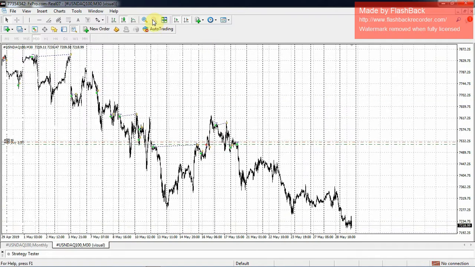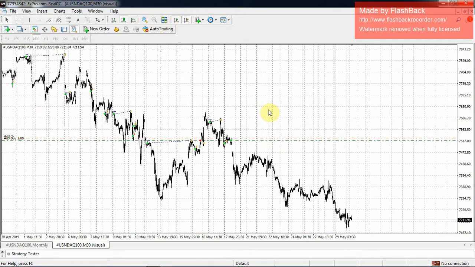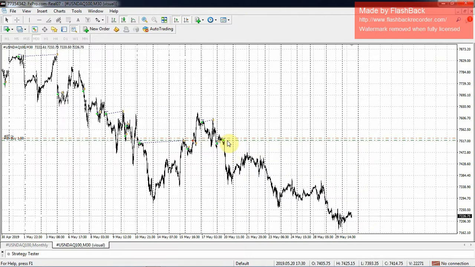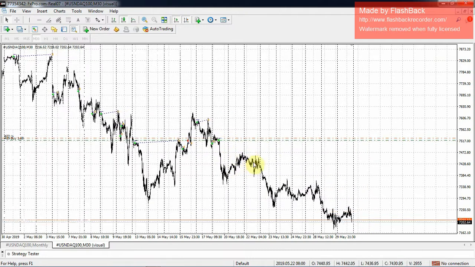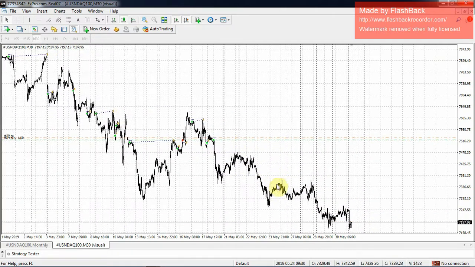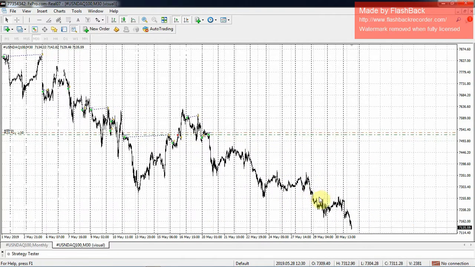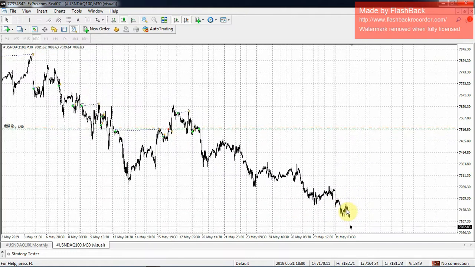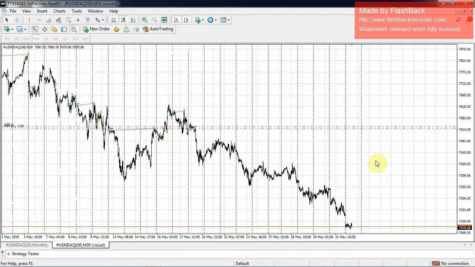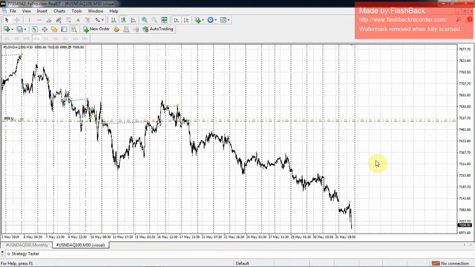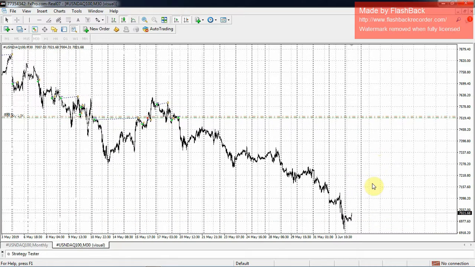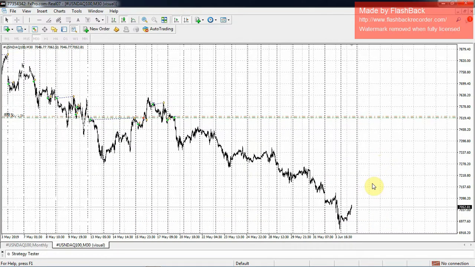That's the more reason why we are using a small lot size, so that a drawdown like this cannot affect our trading account.